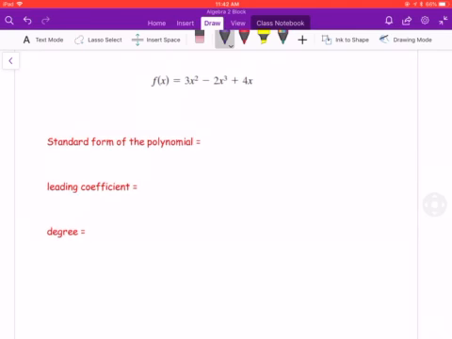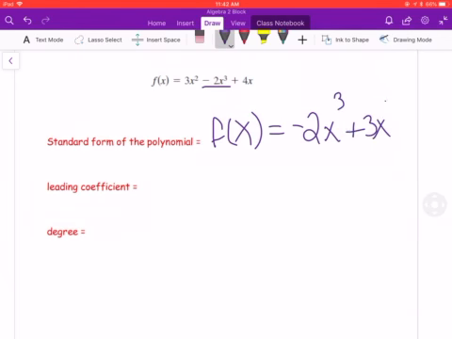So here's an example of a polynomial. It has whole number exponents, 2, 3, and then there's a 1 with the last variable here. It has real number coefficients, and so to write it in standard form, you would write from highest exponent, which would be the x cubed, so negative 2x cubed would come first, plus 3x squared, and then plus 4x.